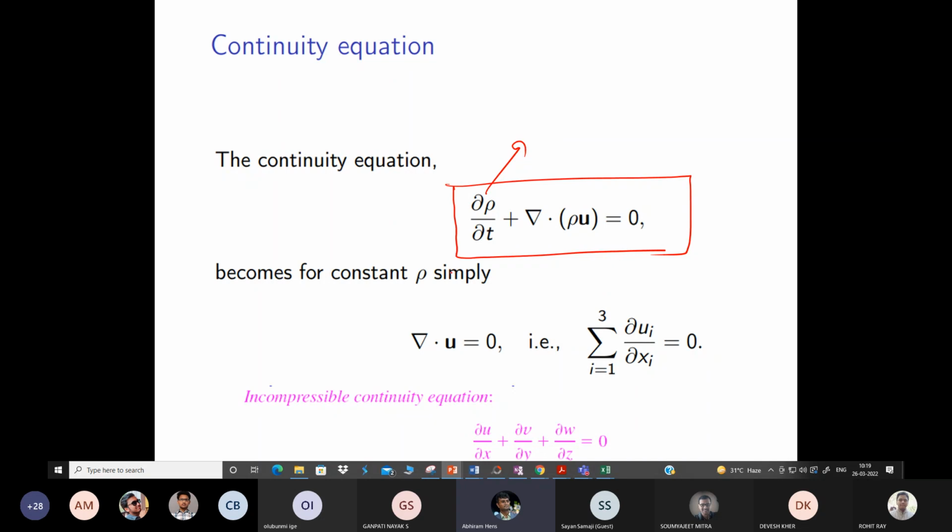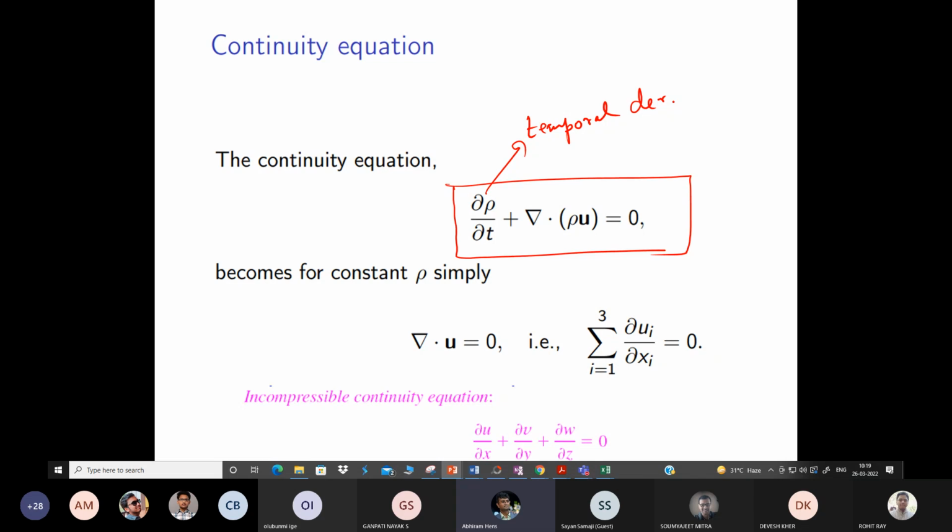Temporal derivative means with respect to time, how mass is changing in a particular control volume. Okay, so that is indicated by this del rho by del t. So this is the temporal derivative, right?